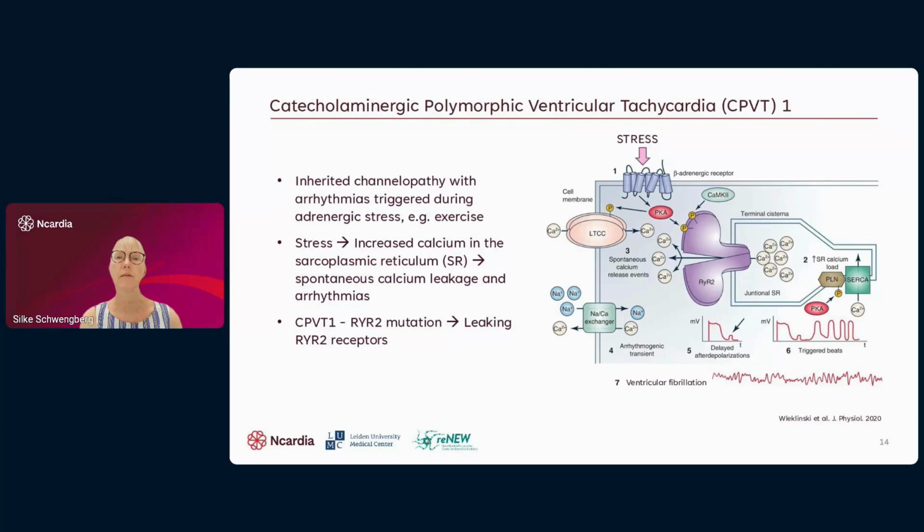And in this case, the adrenergic stress would increase the calcium in the sarcoplasmic reticulum, which would then end in spontaneous calcium leakage and arrhythmias. CPVT patients harbor a ryanodine receptor mutation, which in turn leads to leaking ryanodine receptors. And that is then also increasing the calcium levels and also leads, under stress situations, to arrhythmias.